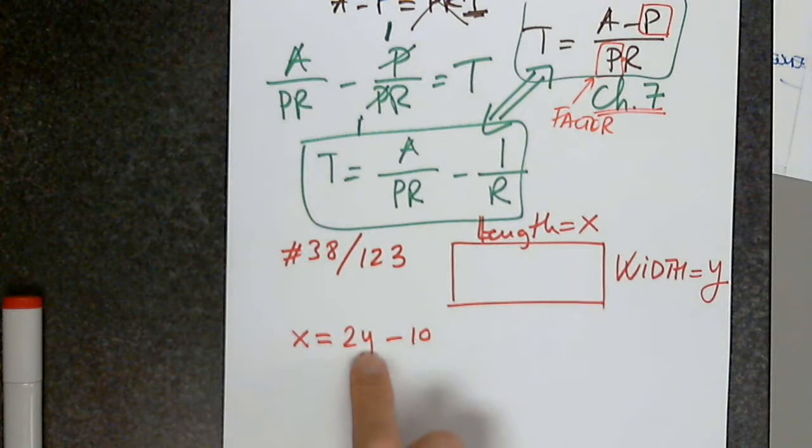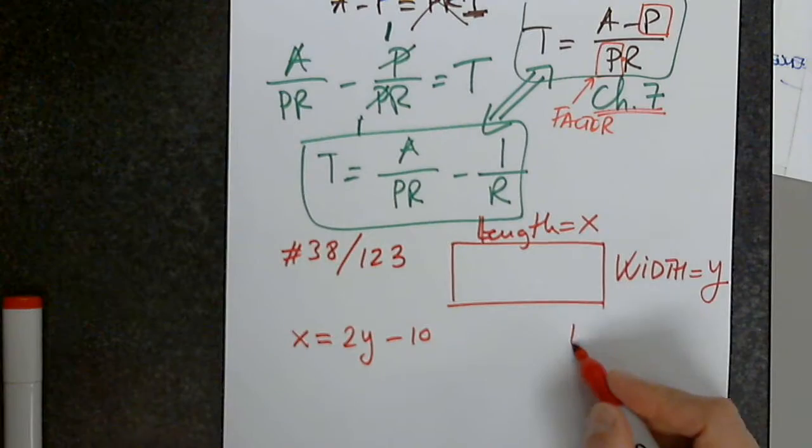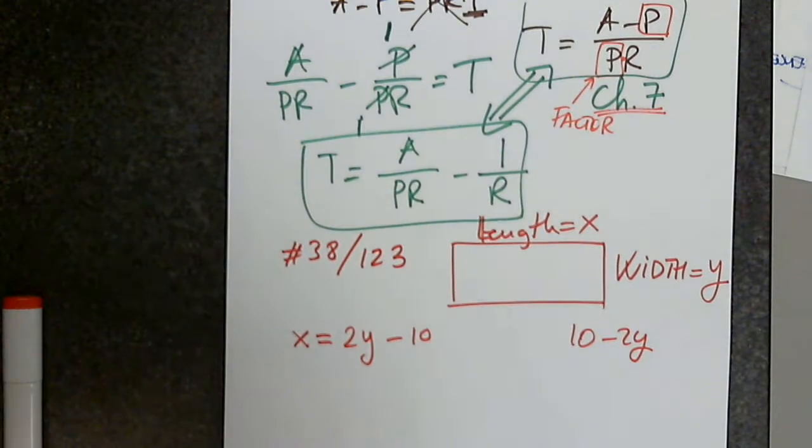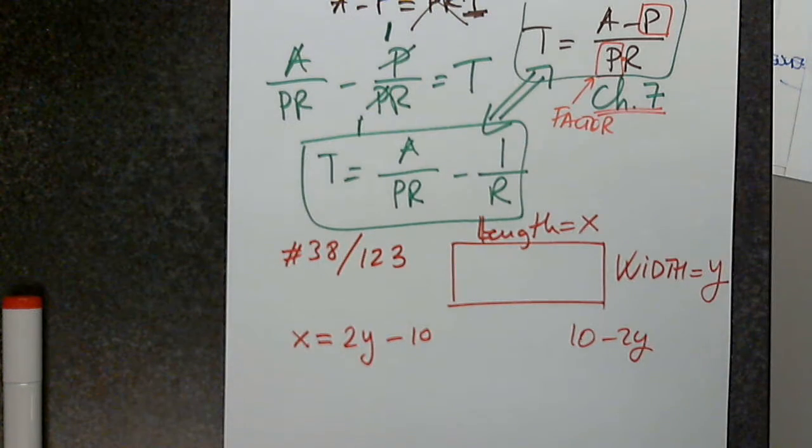2 times the width, 10 meters less than that. I know you may be tempted to write 10 minus 2y. Let me explain why that would be wrong. You have $100 in your pocket. And I come to you and say, I have $10 less than what you have.